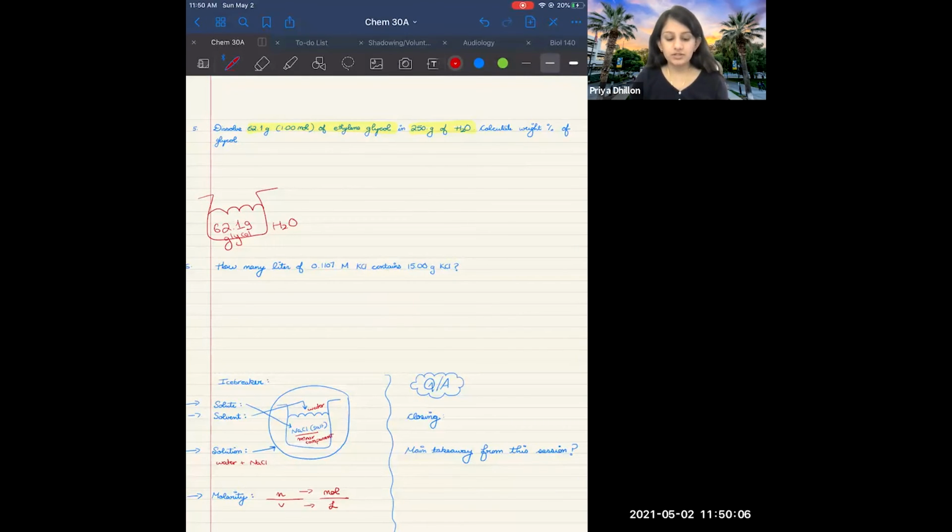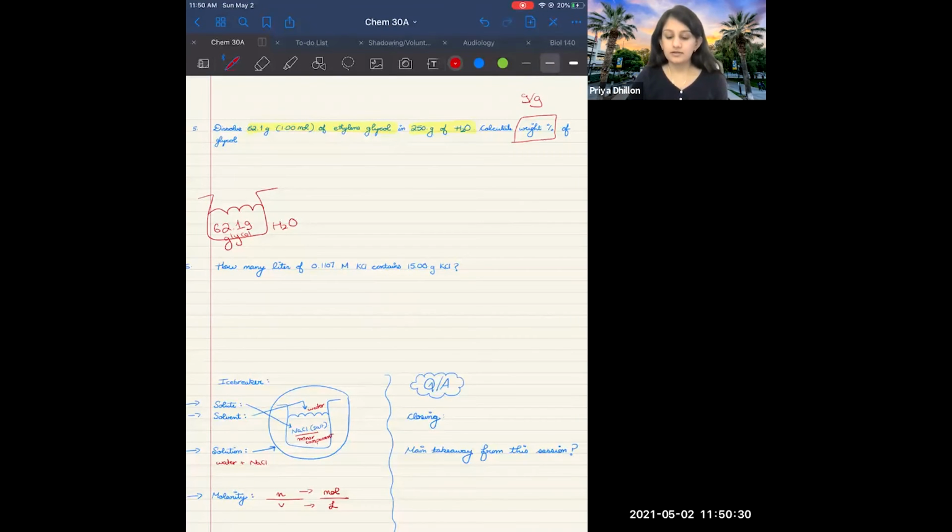And then you want to get the weight percent, which basically means you want solute over solution. That's about it, grams over milliliters. No, actually grams over grams because it's weight.